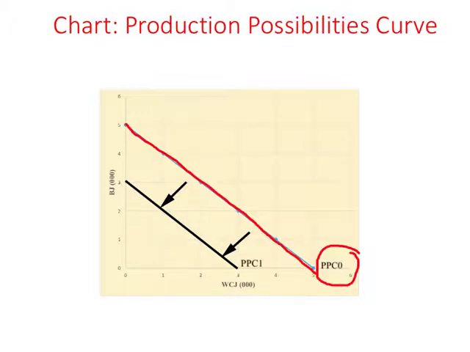And so when there's a reduction in resources, the firm will be able to produce less, and what we will get is a new PPC. Let's call this PPC 1. And here the maximum amount of jeans that this firm can produce in any combination will be 3000 jeans.